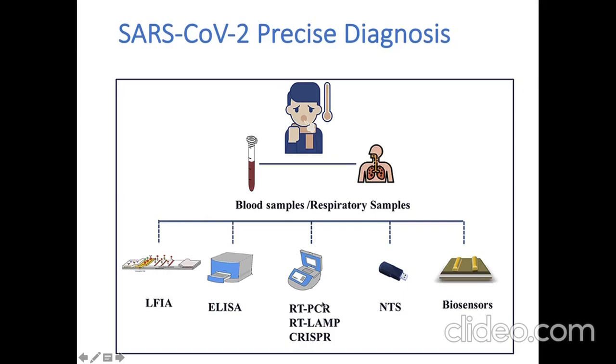In our presentation, we will mainly focus on three techniques: lateral flow immunoassay, ELISA, and RT-PCR. The first two work on blood samples, while RT-PCR works on nasopharyngeal or oropharyngeal samples.